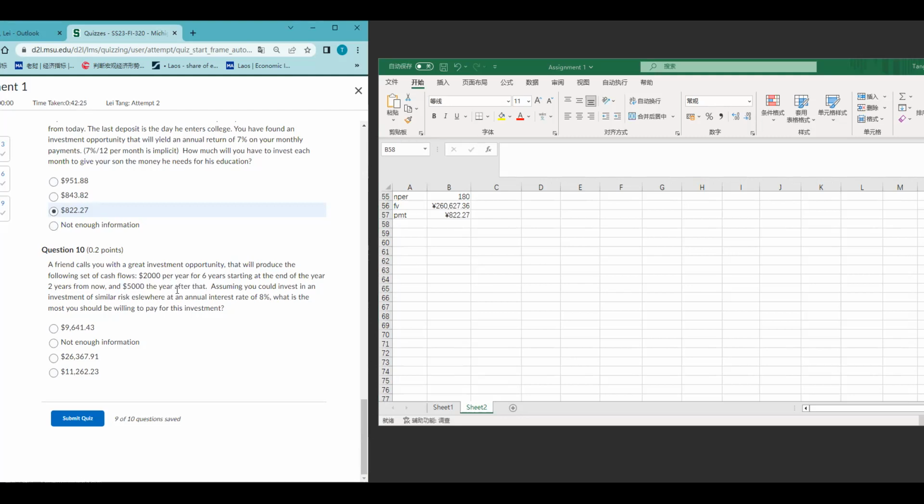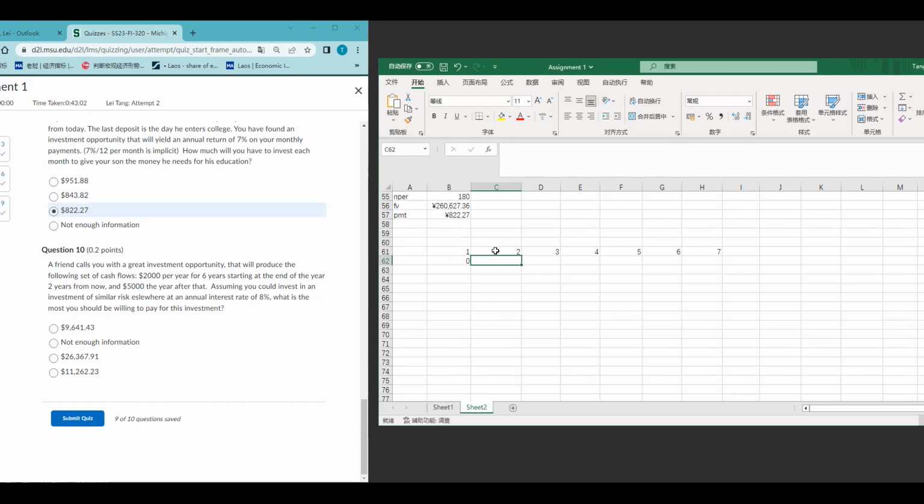This is 7 years. Okay, let's make the timeline. Start from the first year, second year, third year. 2,000 per year for 6 years, starting at end of year.